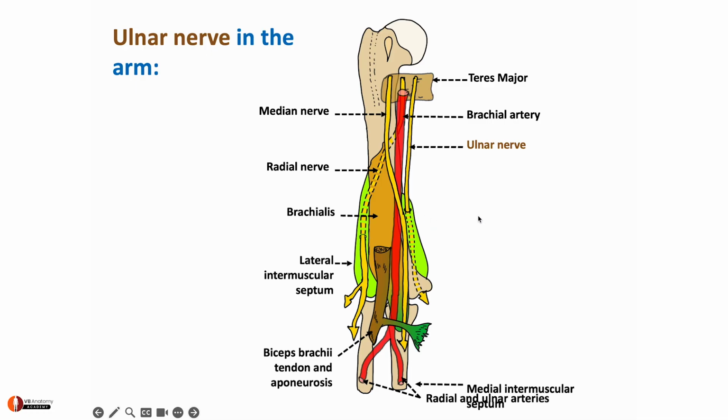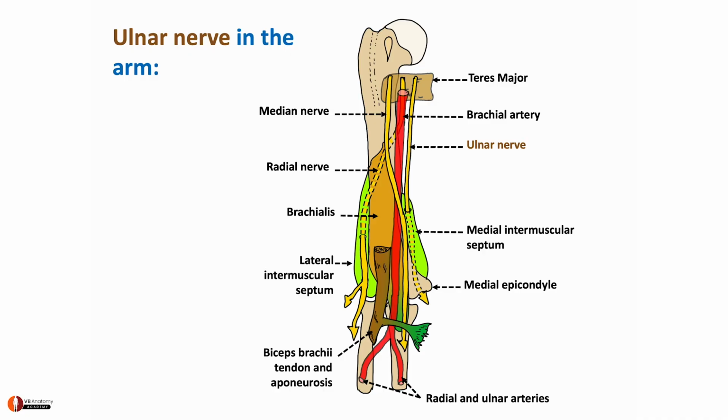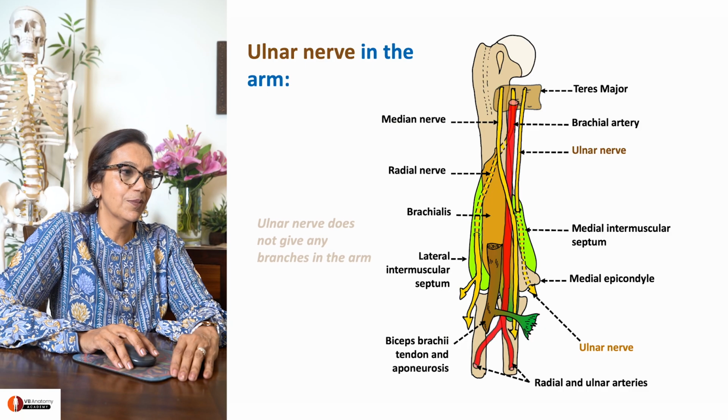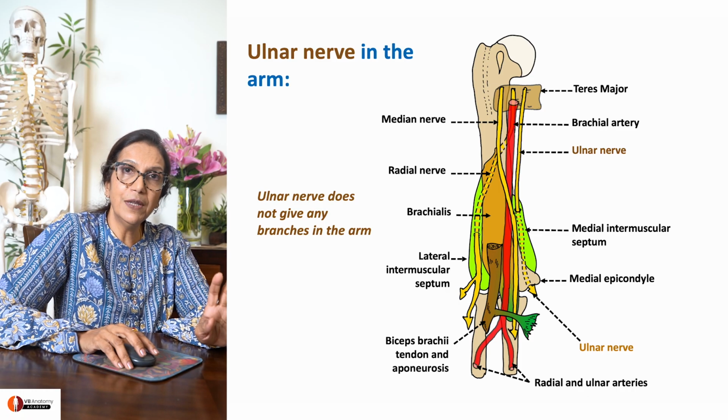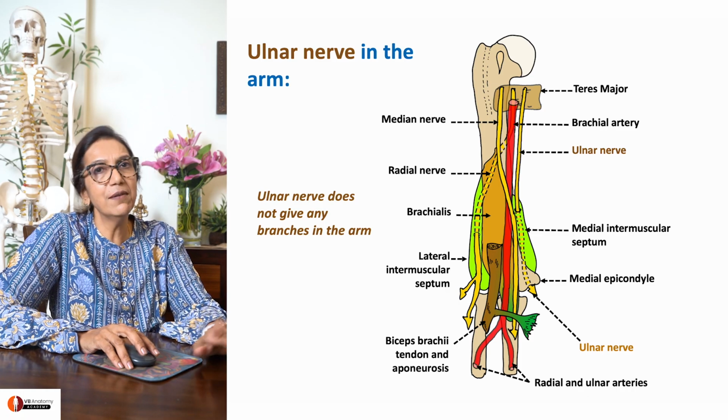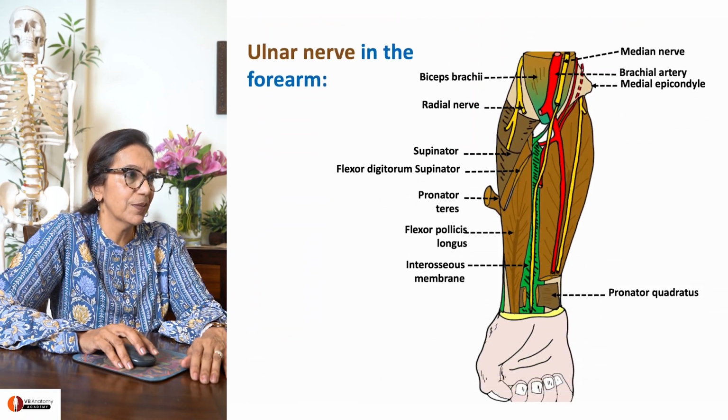As it descends down, somewhere in the middle of the arm, it pierces the medial intermuscular septum, see here, and descends down to come to lie behind the medial epicondyle, turns and begins to go forward into the forearm. It winds around the medial epicondyle and now enters into the forearm. Does it give any nerve in the arm? No, it does not give any branches in the arm.